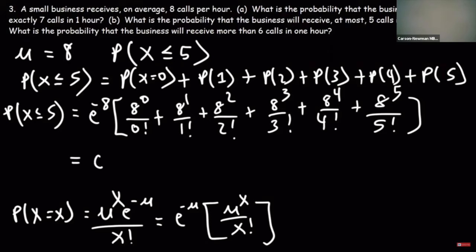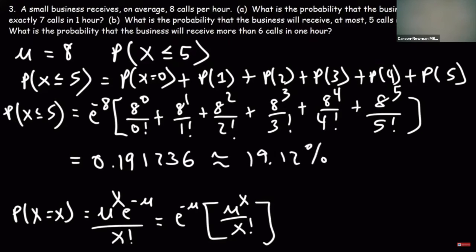So I got 0.191236. So that's a 19.12% chance that the business is going to receive at most 5 calls in 1 hour. So that's it for part B.